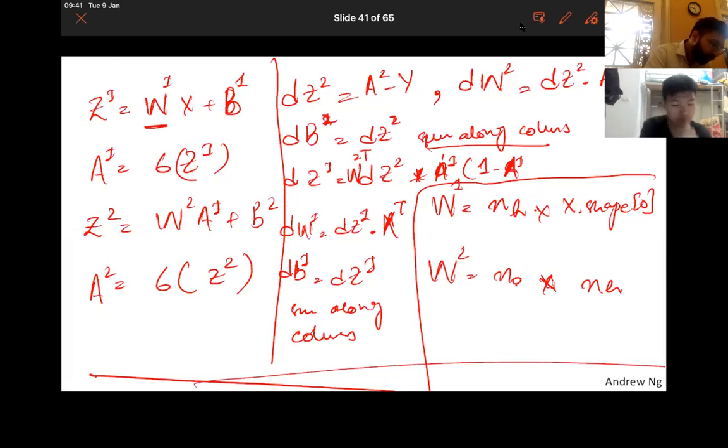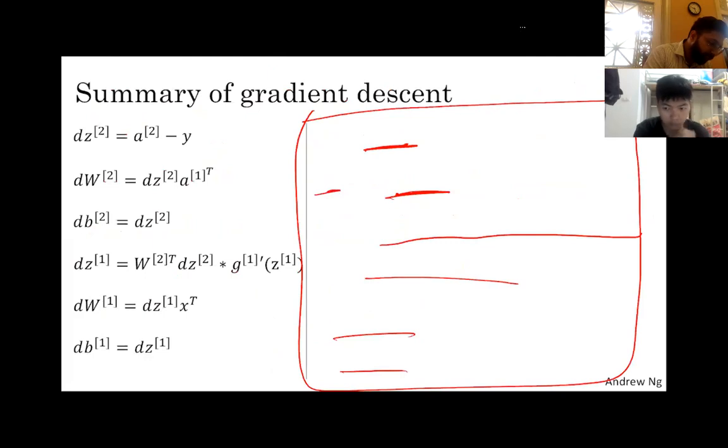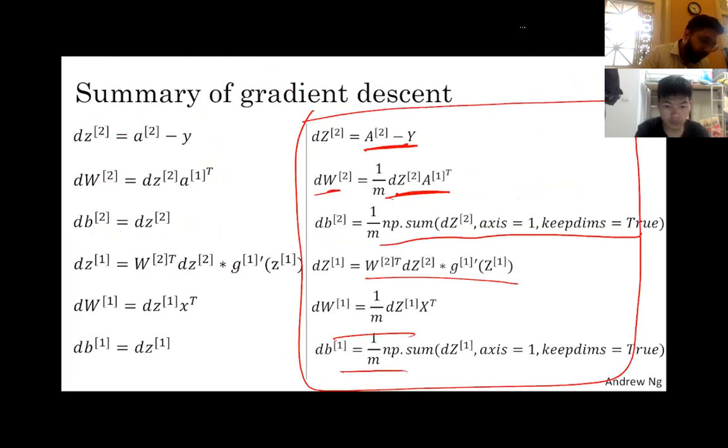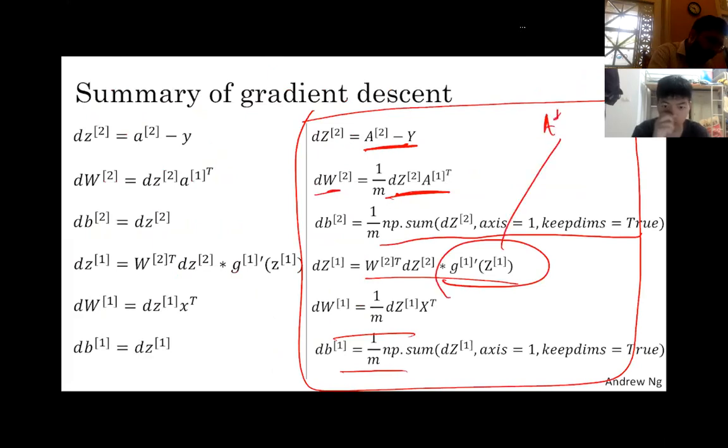This is my scribble, which probably is not very neat, so you can use the slides. The only thing that you need is this derivative of A1 with respect to Z1, and this is A1 times (1 minus A1). Other than that, everything is fairly well written on the slides.